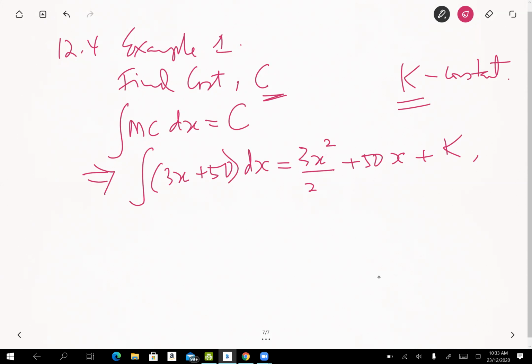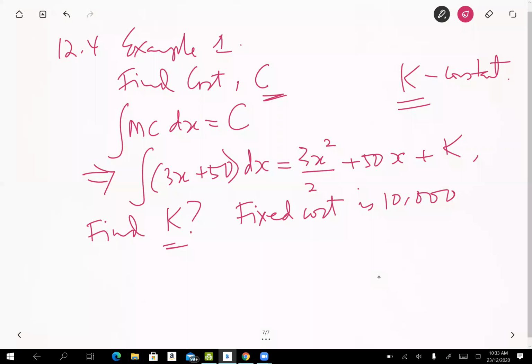Now you want to find the value of K. What information are we given? We are given that the fixed cost is 10,000. So to find K, we can use the information given. Fixed cost is equal to 10,000.